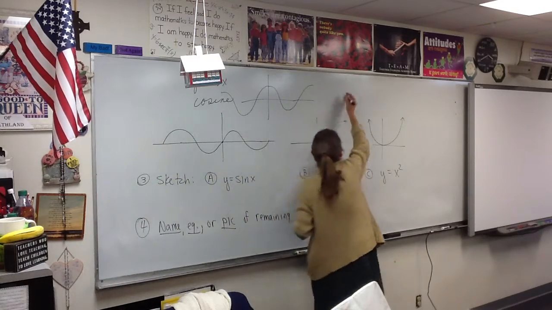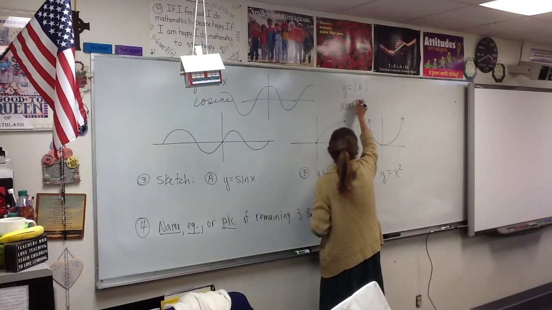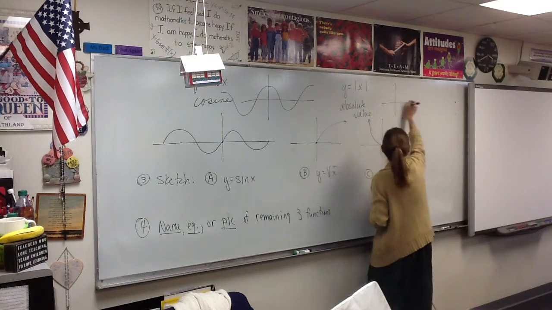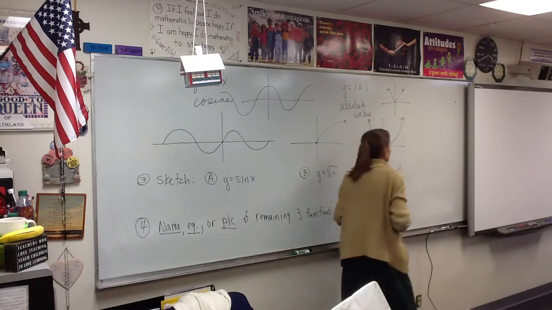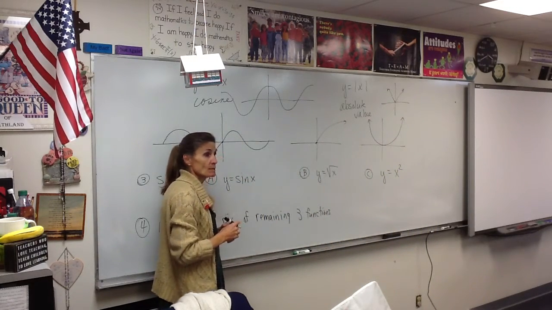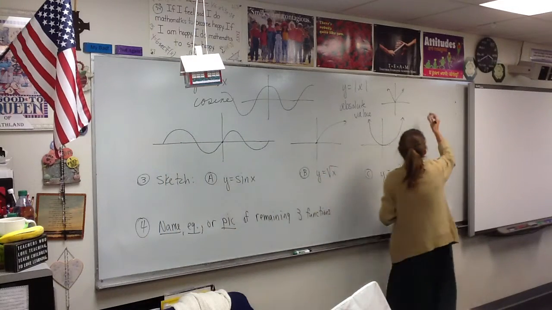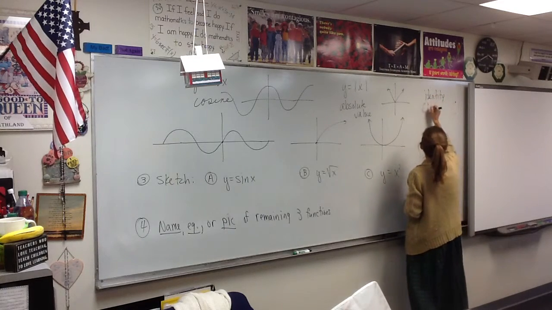Absolute value. So you either write the equation, you write the name, or you draw the picture, which is what? A V. And what's the last one? The identity. So with that one, you can write identity, or you can write linear.